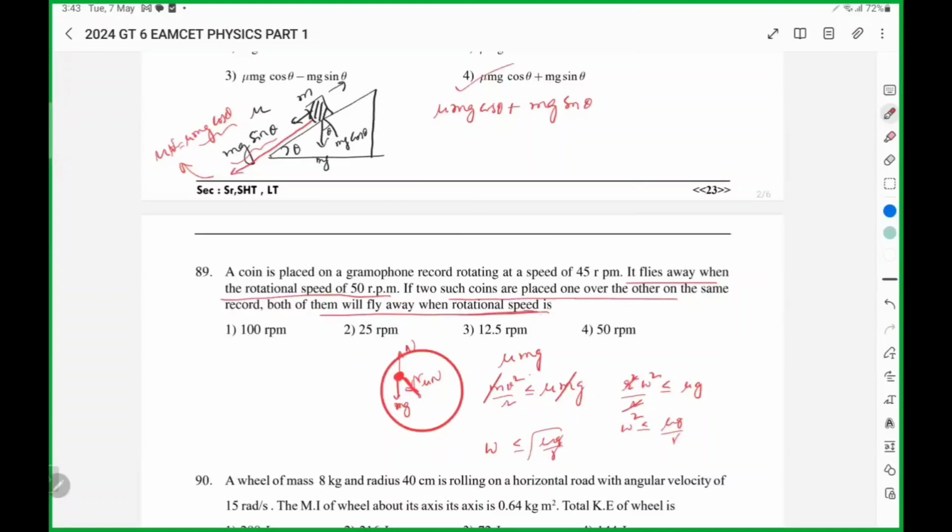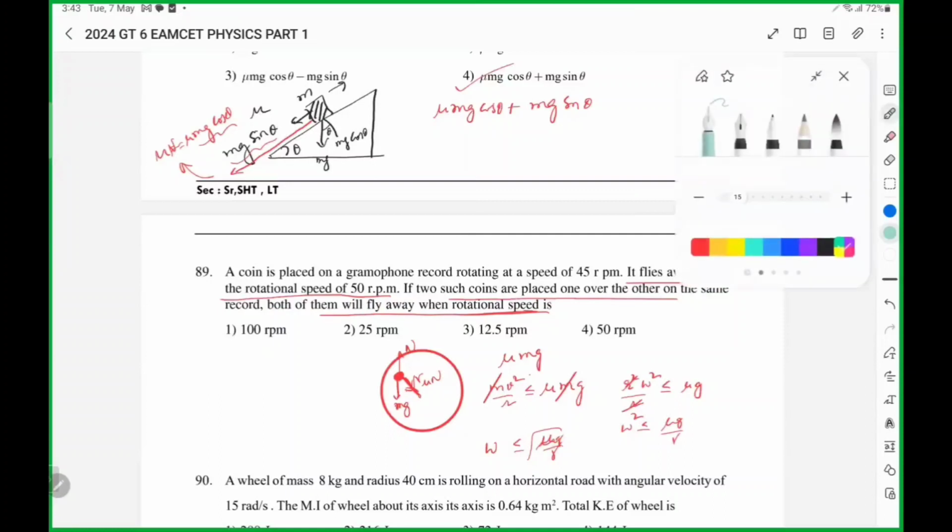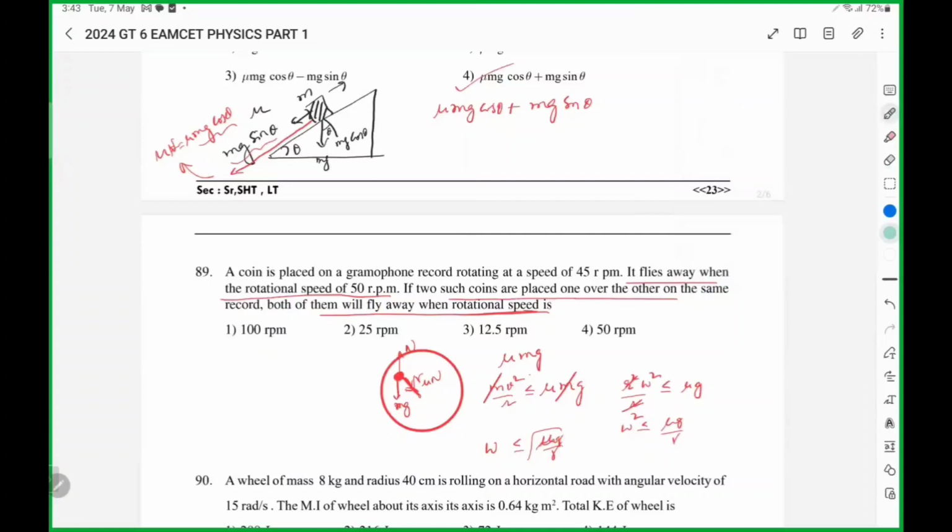But here the rotational speed does not depend on mass. If at all the centripetal force dominates, it all depends upon the coefficient of friction, g and distance, not on increasing the mass. If two such coins are placed, they also fly off at the same speed, 50 revolutions per minute.